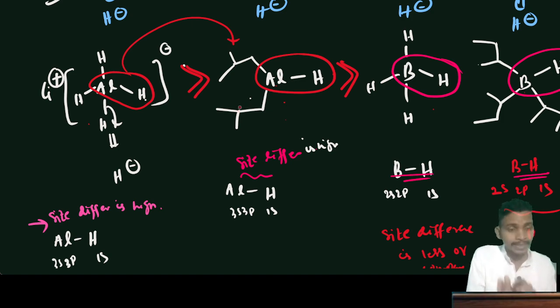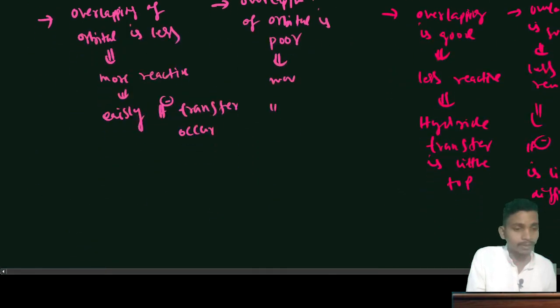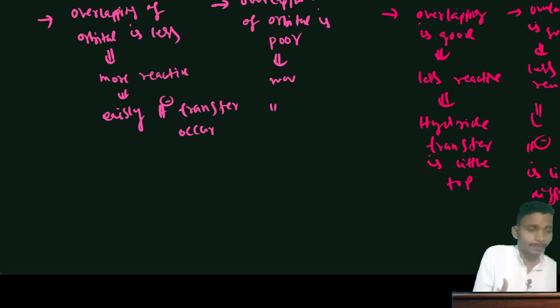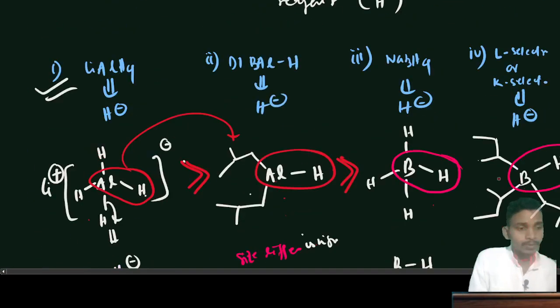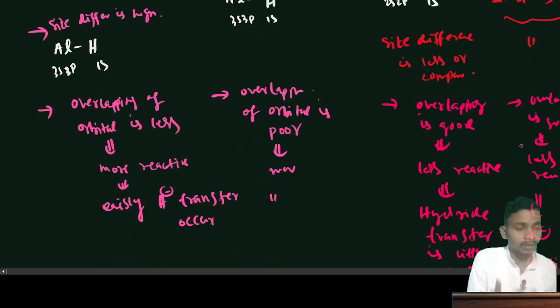So the HSAB principle plays an important role for L-Selectride and K-Selectride, because now they have bulky groups. Due to these bulky groups, although this BH bond has good overlap, releasing of H minus becomes a little tough, so it becomes less reactive with the bulky groups, and it becomes a soft reagent.